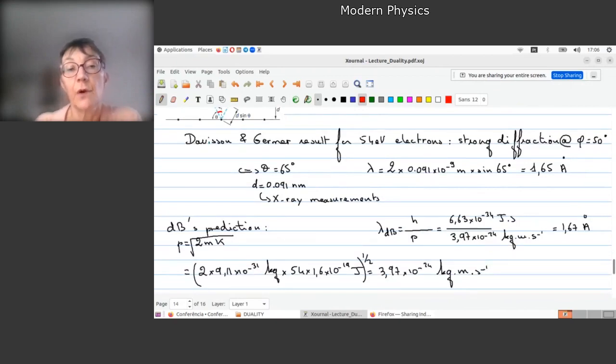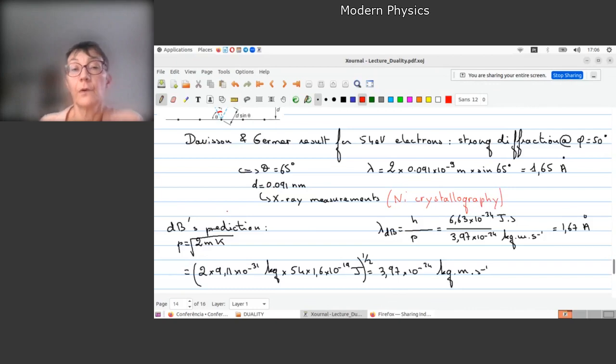From X-ray measurements in crystallography, it is known that d is equal to 0.091 nanometers.